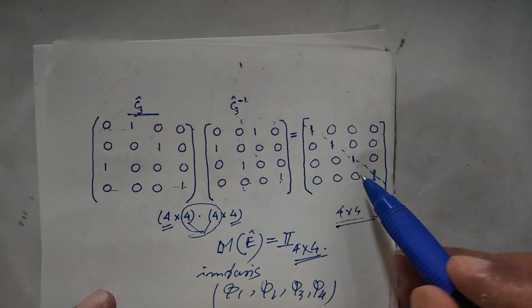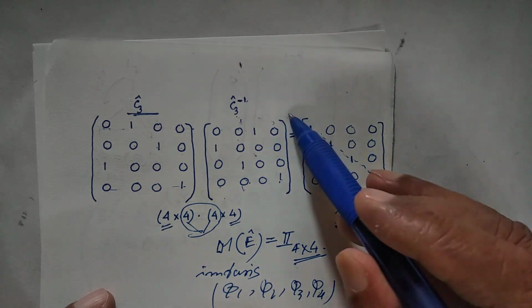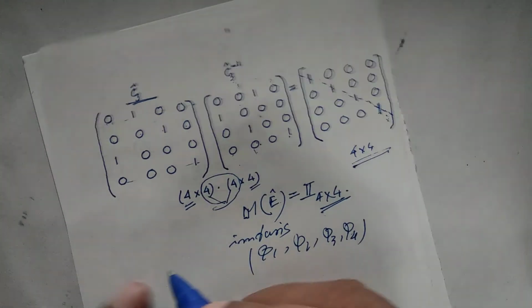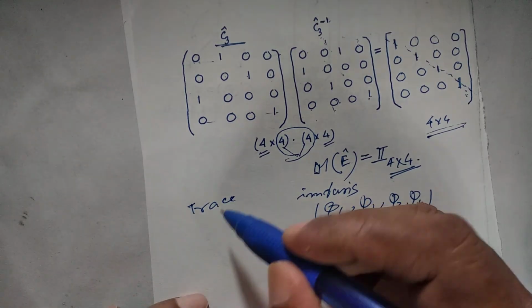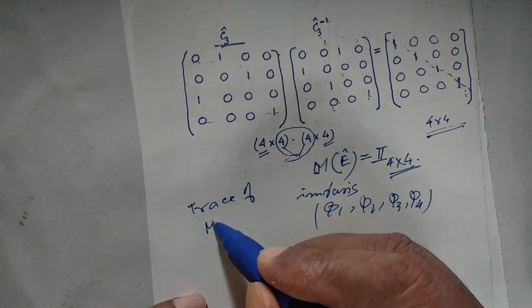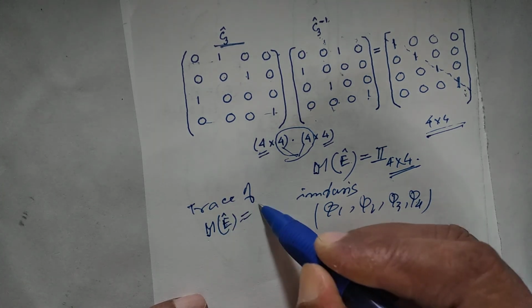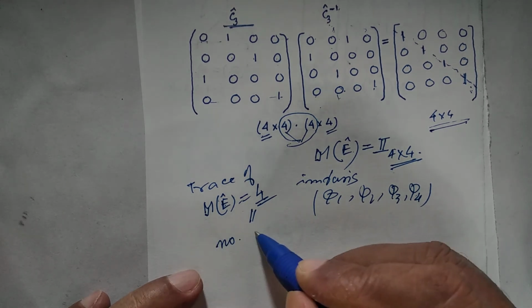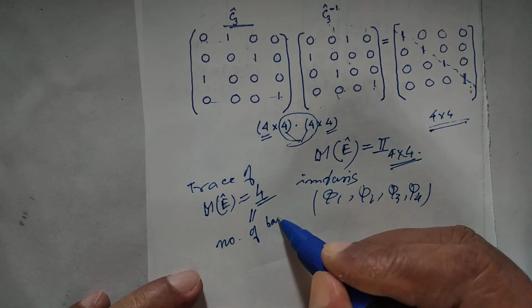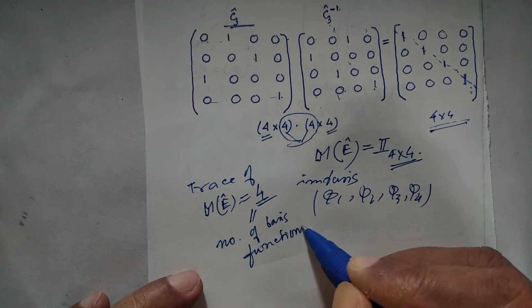And we also know that the trace of this identity matrix is 4. Trace of the identity matrix for the identity operator is 4, which is equal to the number of basis functions used.